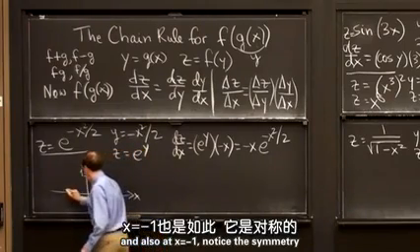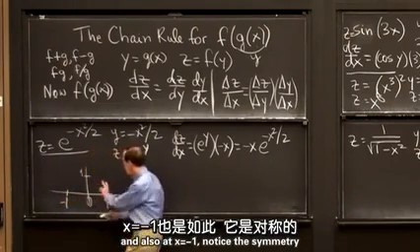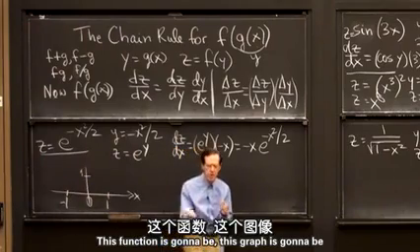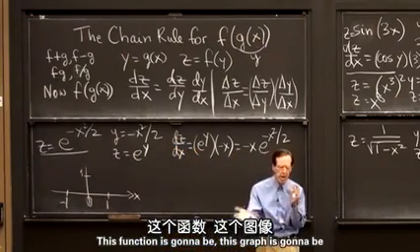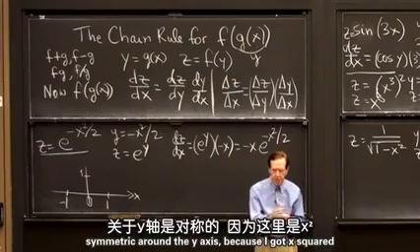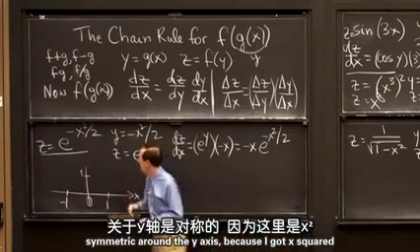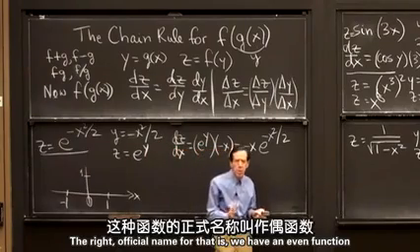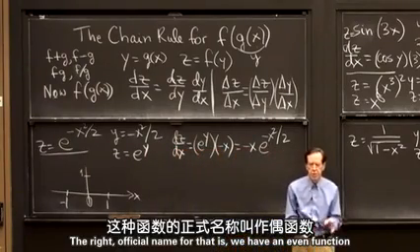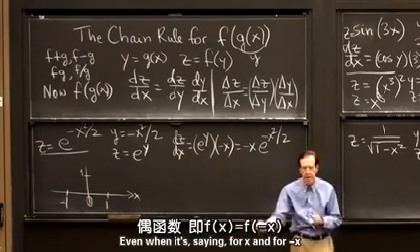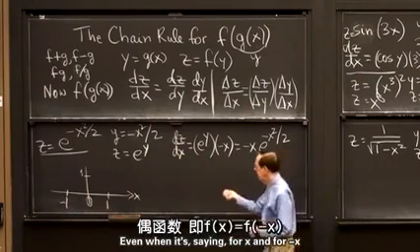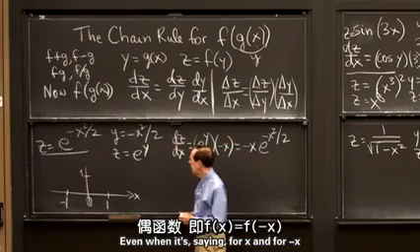And also at x equal minus 1, notice the symmetry. This graph is going to be symmetric around the y-axis, because I've got x squared. The right official name for that is we have an even function. It's even when it's the same for x and for minus x.